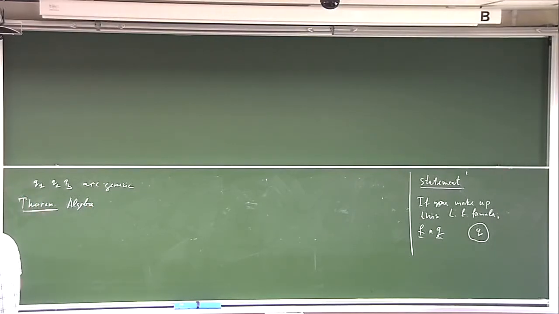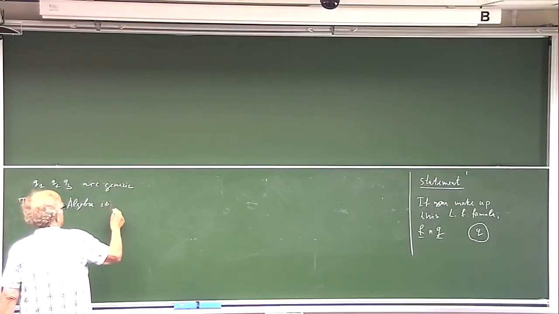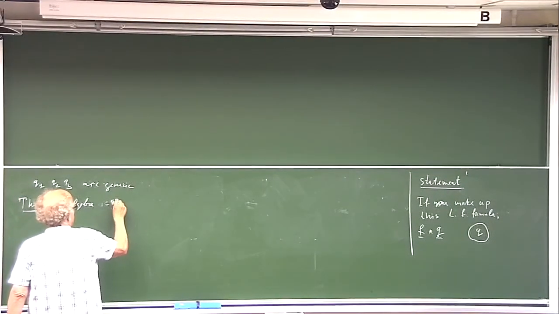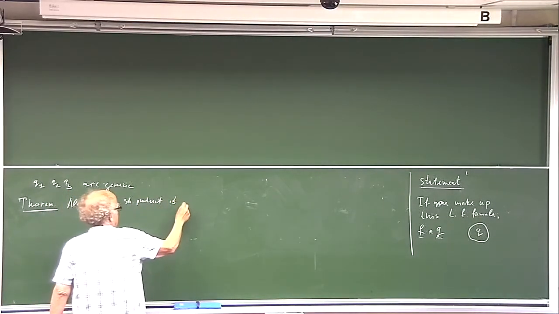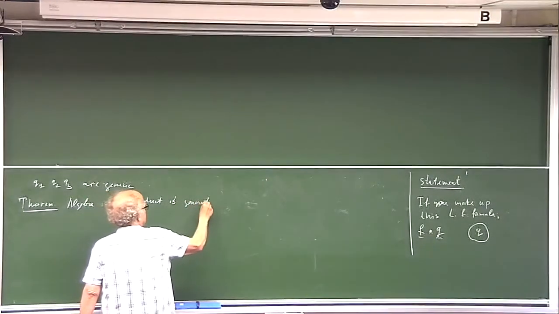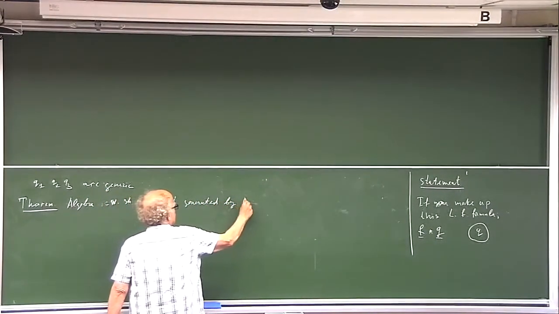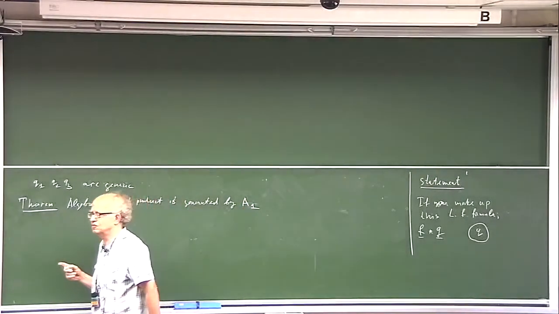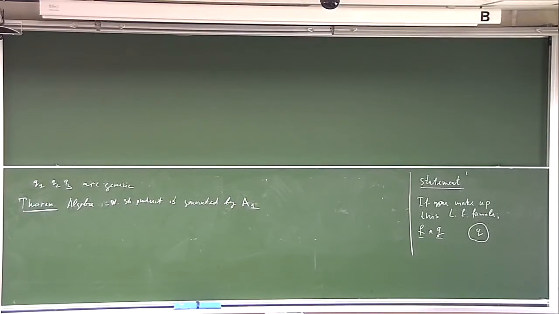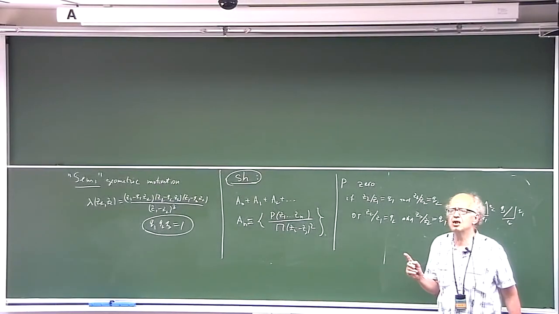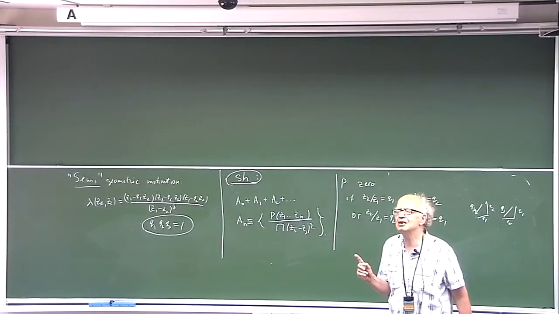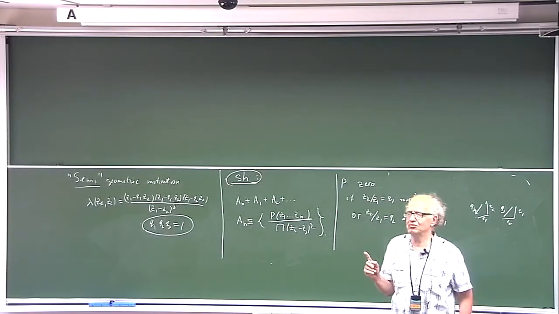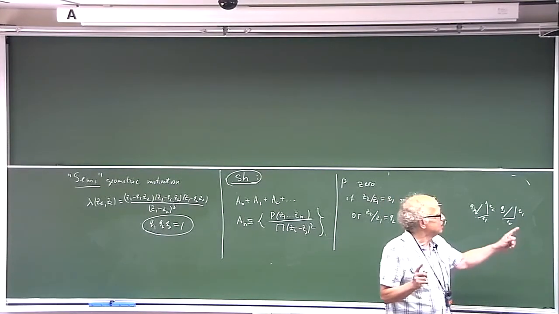The statement is that in this case, the algebra with the shuffle product is generated by A1, with rational coefficients. So what does it mean?